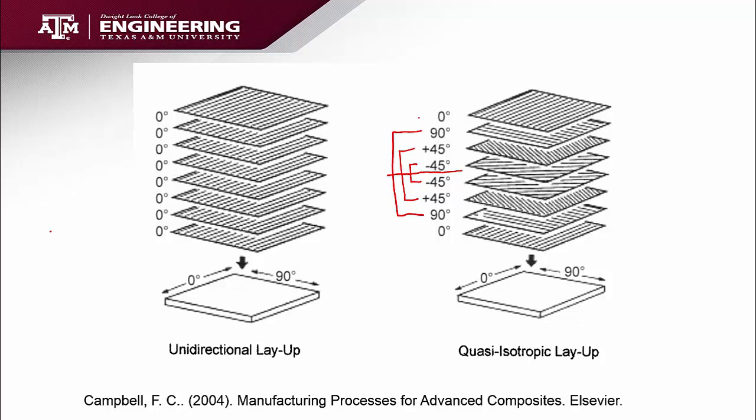The 90s are matched, the plus 45s are matched, and the zeros are matched in their distance from the midplane. This makes this symmetric. We also notice that for every plus angle ply, there is a matching minus angle ply. This characteristic makes the laminate balanced.